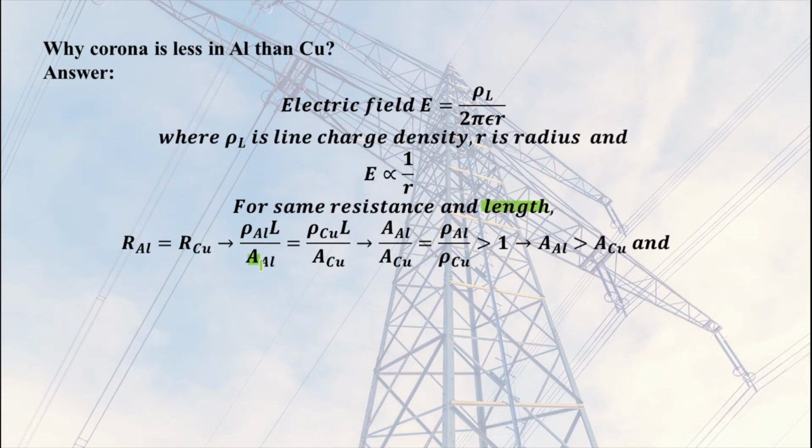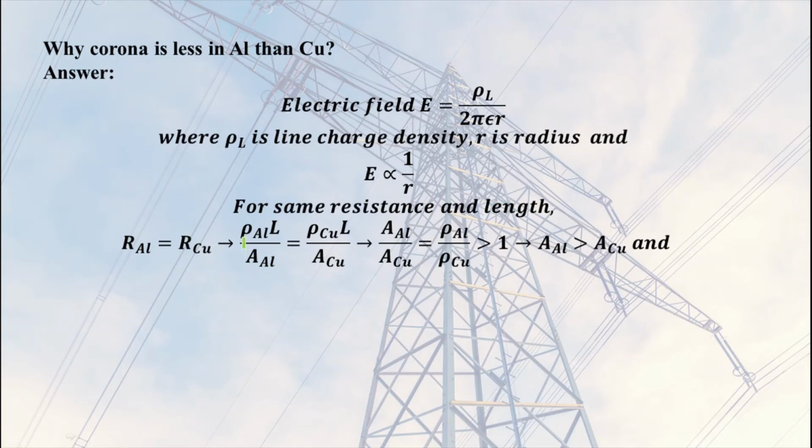So we can write resistance of copper is equal to resistance of aluminium, and resistance of copper is rho Cu into L by ACu and resistance of aluminium is rho Al into L divided by AAl. Means resistivity of aluminium into length of aluminium divided by area of aluminium.